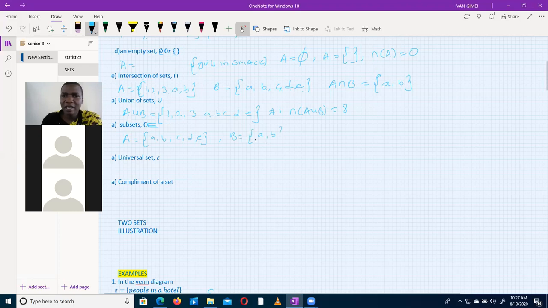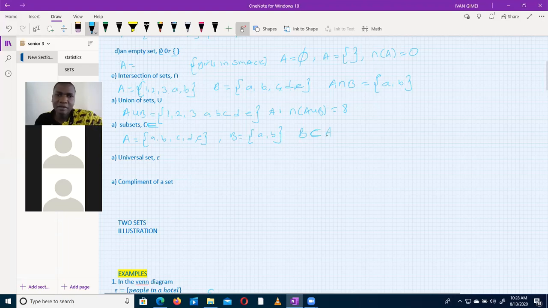You see that all elements in B are in A. Here we have A, B, here are the elements of set B. Then A has A, B, C, D. So all elements in B are also in A. So here we say B is a subset of A, and that's the symbol we use.